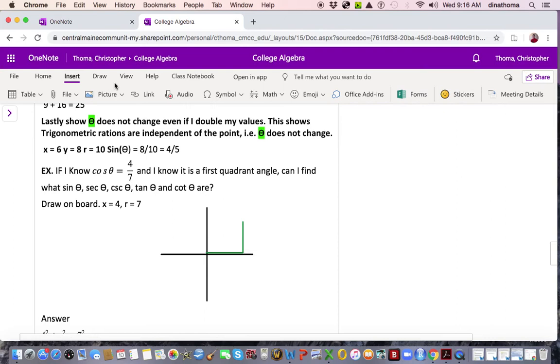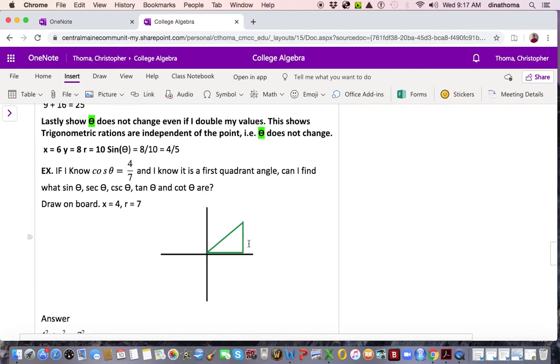Draw. Color. Might as well keep the same color. So I got my triangle.